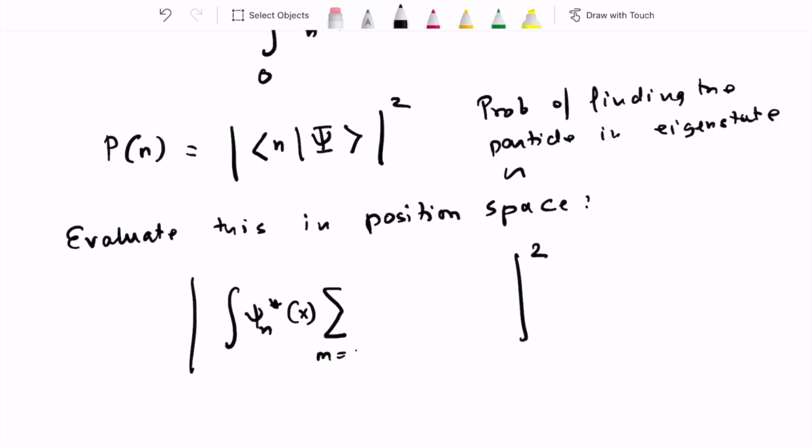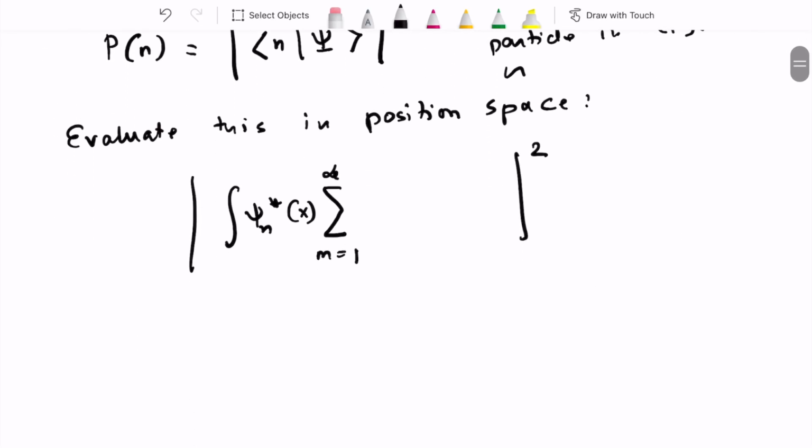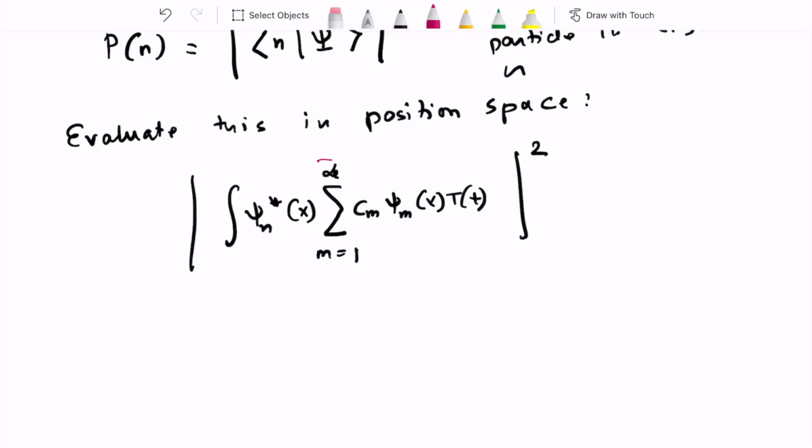M goes from 1 to infinity in this case. Cm psi m of x times a function of t. Okay, and let's just put this in a square bracket. That's the psi of x, t, dx.